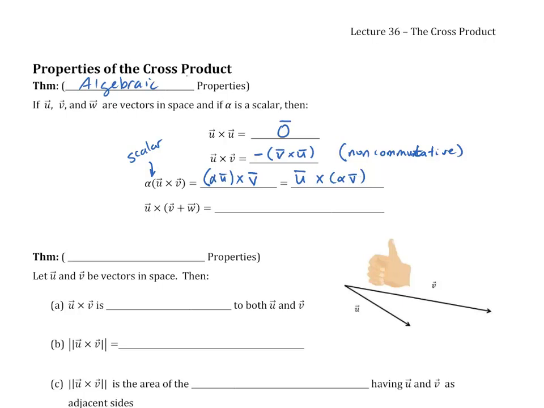You can also distribute vector products or cross products across addition. So u cross v plus u cross w. So in that sense, because it's a distribution rule, it behaves like you would expect multiplication to behave.